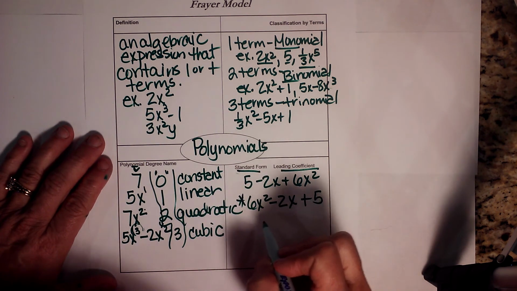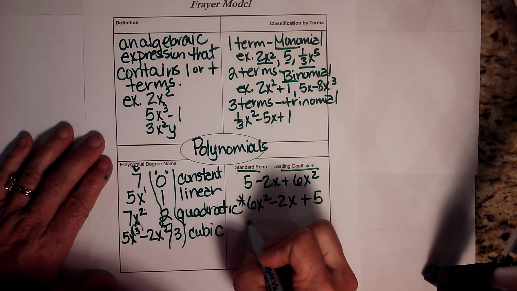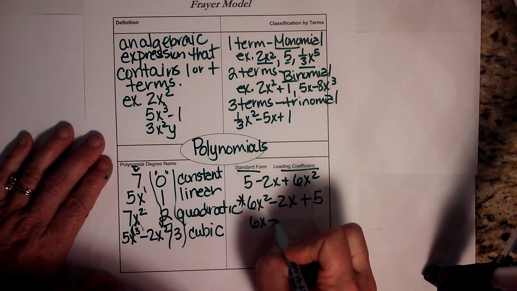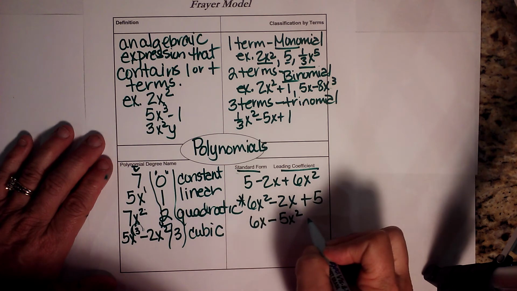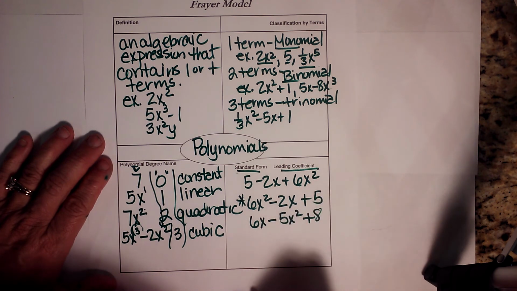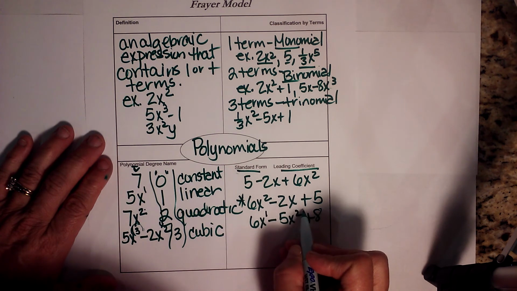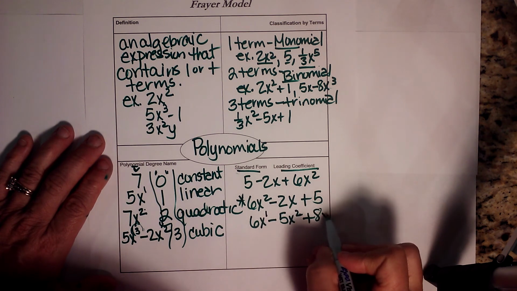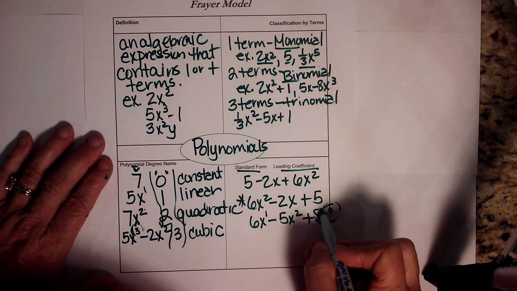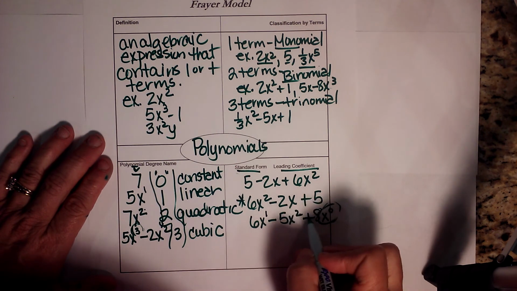So let's look at one more. What if you have 6x minus 5x squared plus 8? What would go first? Well, look at the degrees. This is first degree, this is second degree, and this is x to the 0. We just don't write that, but that's what it is. So what would go first?